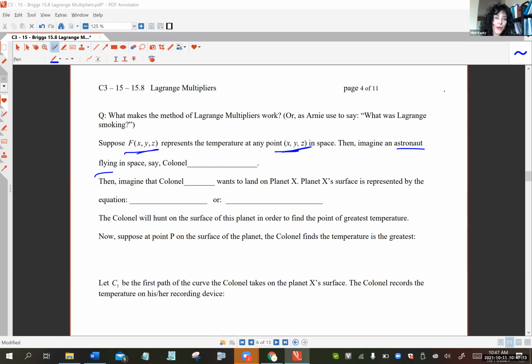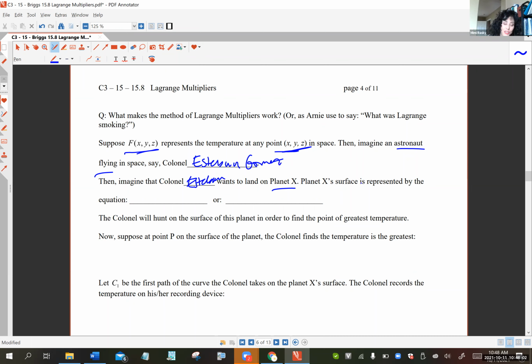Okay, Esteban, you will be my colonel. Okay, we got Colonel Esteban here. Esteban Gomez. He's going to be our colonel. Okay, great. Thanks.